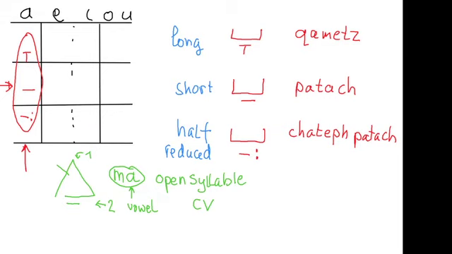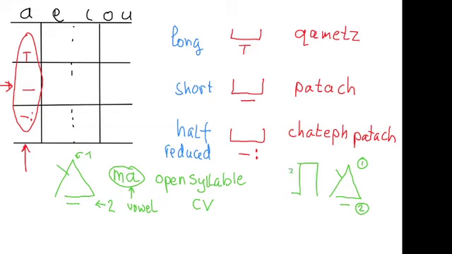Another word is the word mat. Again, you start with the letter, then you write the vowel, and then you write the next letter. So you go down, up, if there is a consonant.